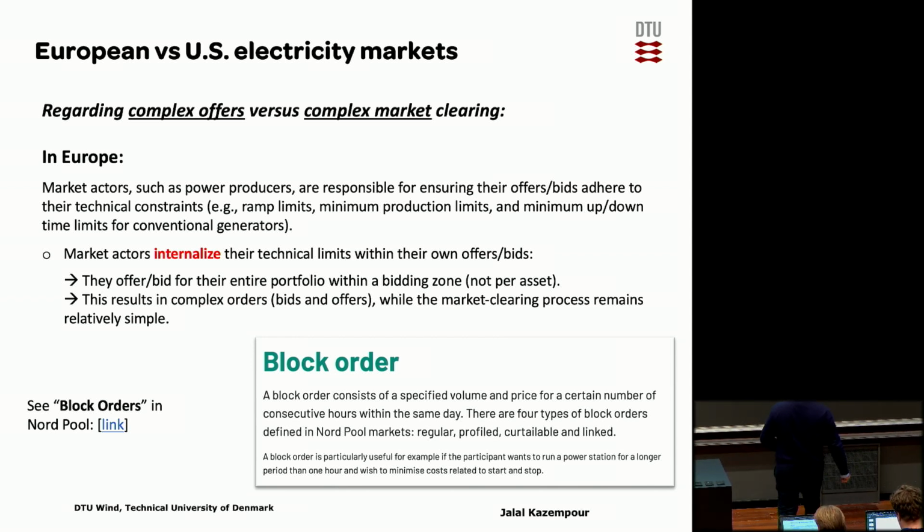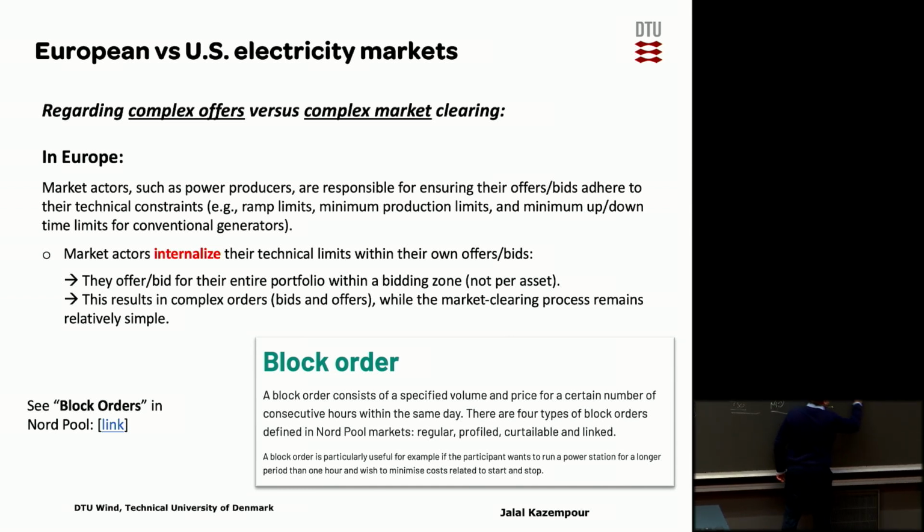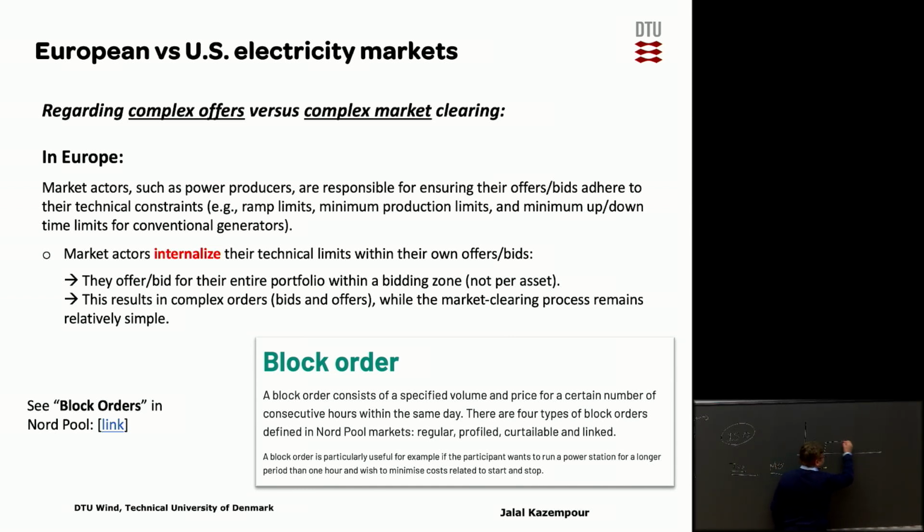For example, as a conventional generator, you are allowed to say that your bid is from 2 p.m. to 6 p.m., for 4 hours, at an offer price of, for example, 10 euro per megawatt hour. And then it comes as a block. It means that the market operator either accepts it as a whole or rejects it as a whole. Is it clear?